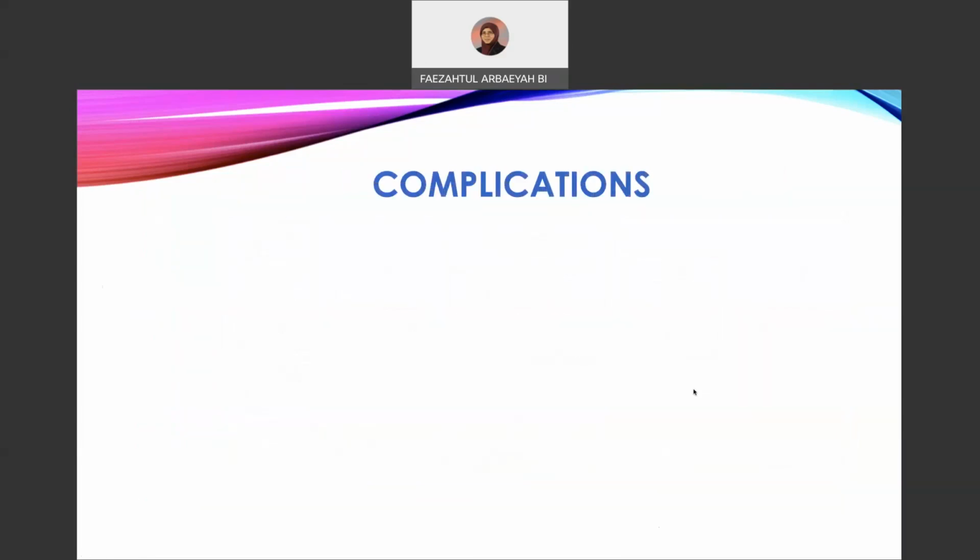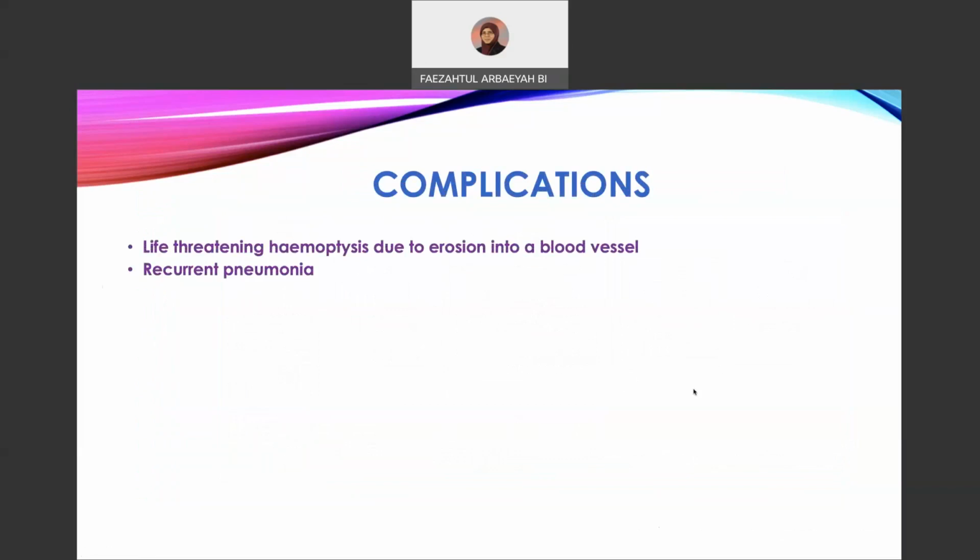So what are the complications of bronchiectasis? It can be life-threatening, especially if the hemoptysis is large, because of erosion into the blood vessels. Recurrent pneumonia, meaning recurrent ward admission, because this kind of patient does not settle with just oral antibiotics. They need to be admitted for IV antibiotics.